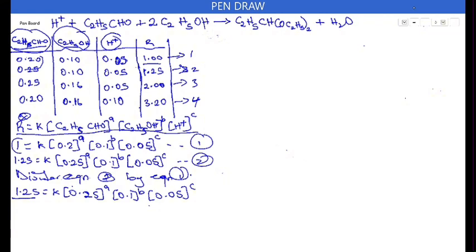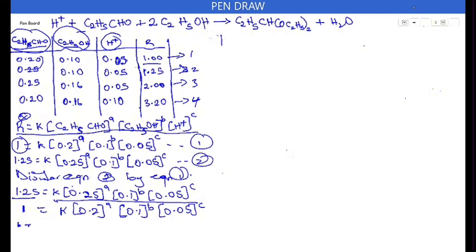What we have for equation 1 is 1 equal to k, we have 0.2 raised to the power A, we have 0.1 raised to the power B, and we have 0.05 raised to the power C. So with this, 1.25 divided by 1 will give us 1.25. Don't forget that.